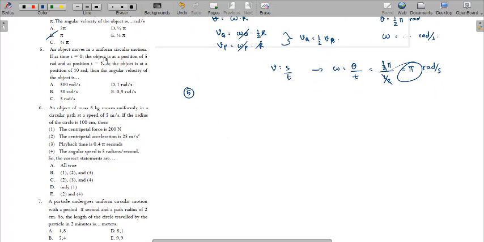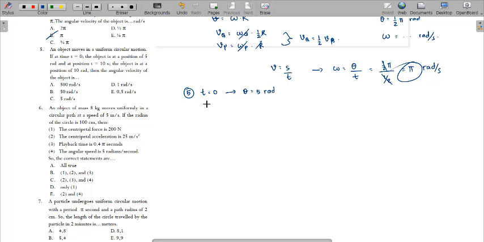An object moves in uniform circular motion again. This is in bahasa gerak melingkar beraturan, meaning there is no acceleration in here. Okay, at time t equals 0, or in the very beginning, the position of the object is theta 5 radian.